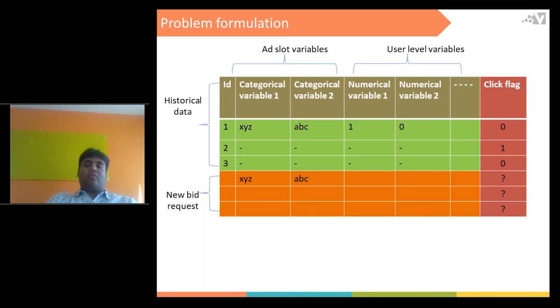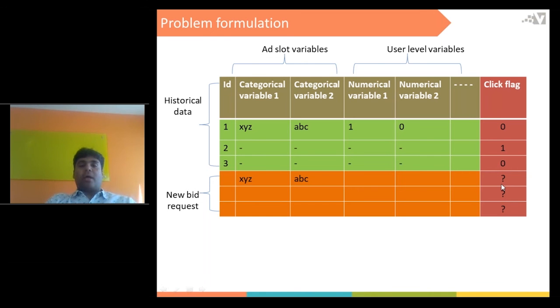For that we also know the click flag, whether it was clicked or not. And then the problem is that there are new bid requests coming in every day with these variables, and you have to predict the chance of these getting clicked. So the question mark here is basically what we have to predict.